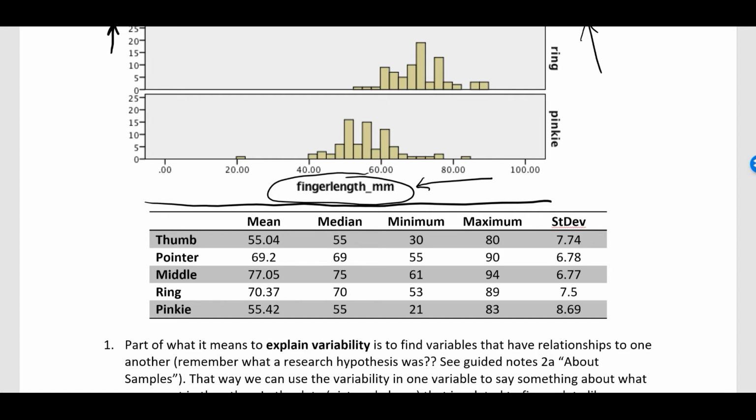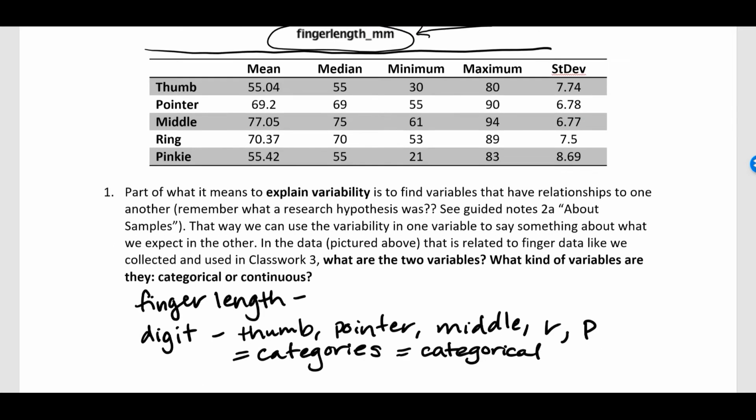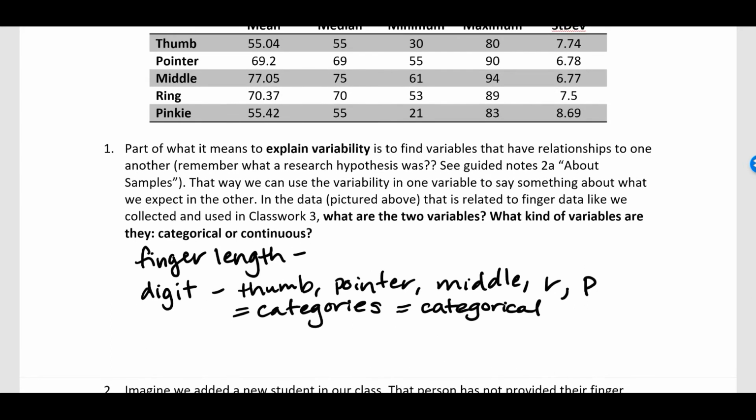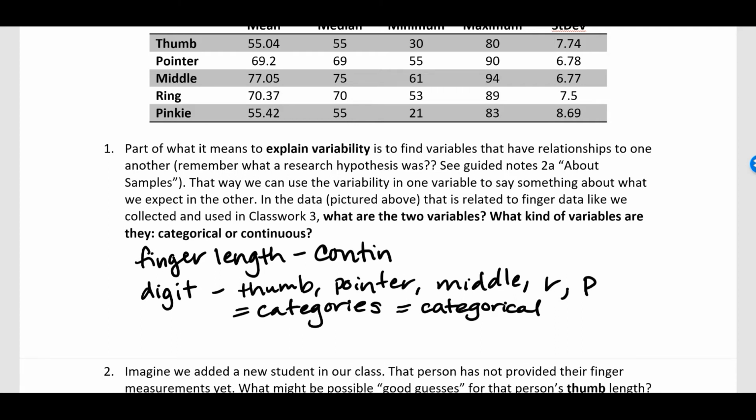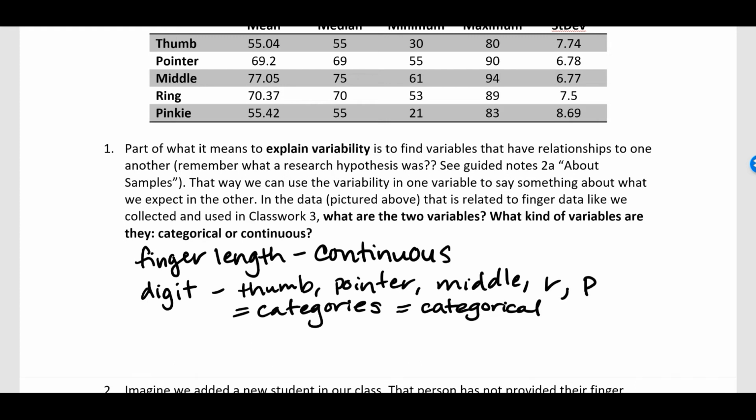The numbers that we see here are a range of values, and we have all sorts of numbers in between. So if we're talking about a range of values, then that finger length variable, it's not categories, it's numbers, and so that would be continuous. Okay, so these are the two variables we're talking about. Finger length, which is continuous, and digit, which is categorical.